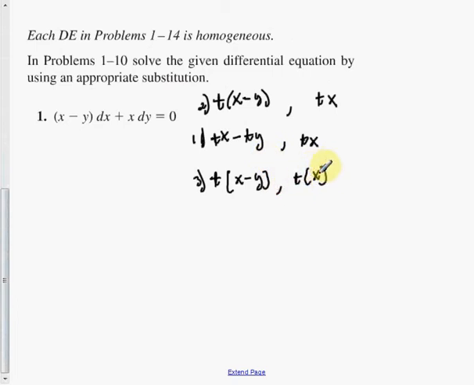If we get the same form from before, just with the factor t coming out, then we say that it is homogeneous, of degree n equal 1, because this is t to the first power.